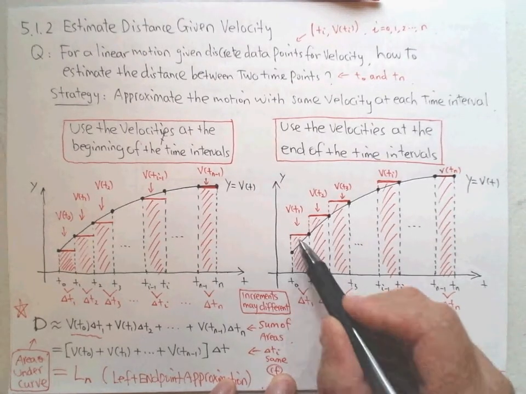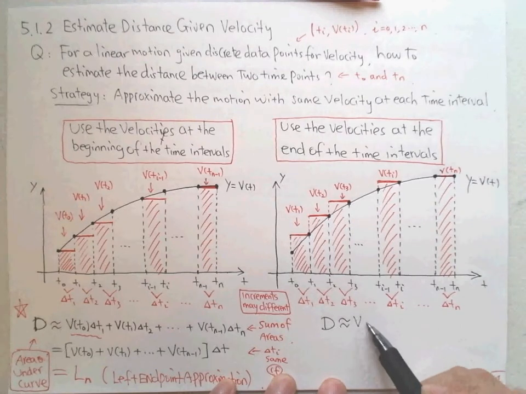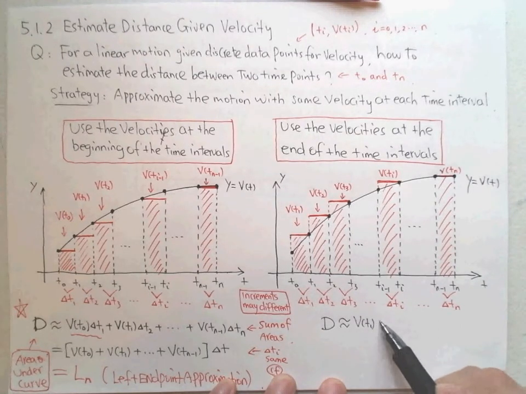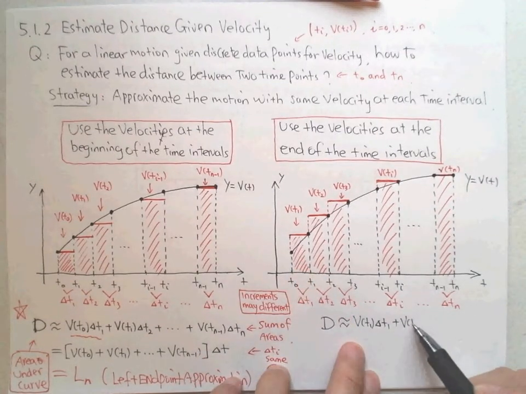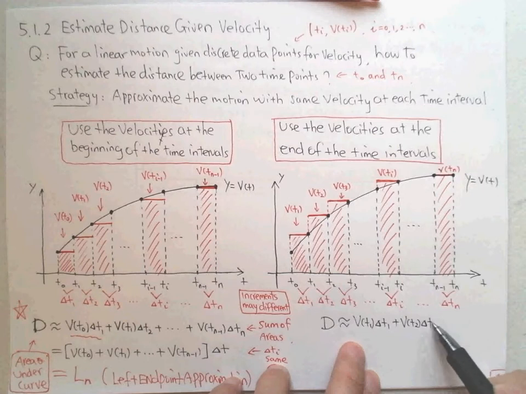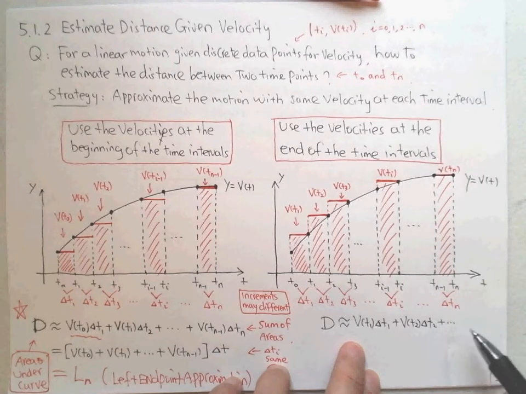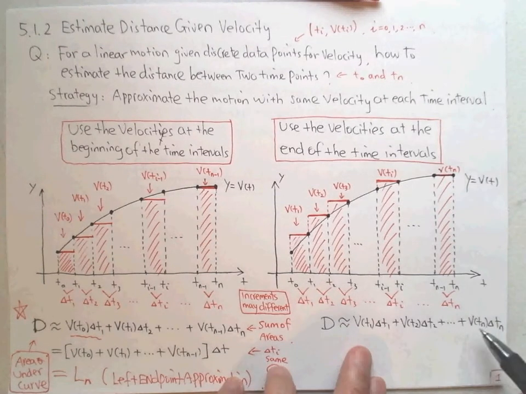Okay, d can be approximated by the first, v at t_1 times delta t_1, right? Plus the second, v at t_2 times delta t_2. The third, I ignore all, goes to the last, v at t_n times delta t_n.